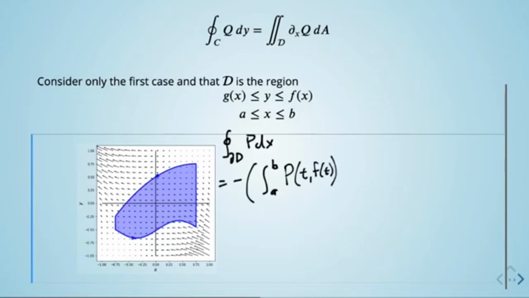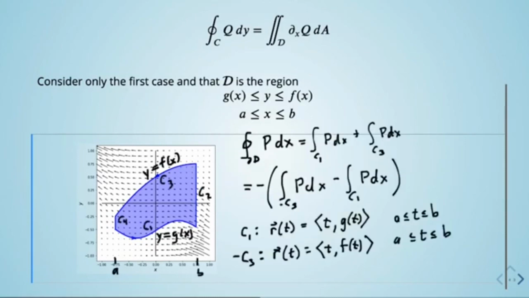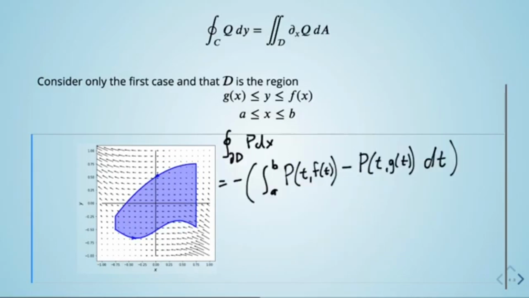There. And I'm going to bring in the other term, which was P of t, g of t. And since they're both being integrated from a to b, I set it up just right. I can pull this into one integral. Right? If we see back over here, I've got the difference between these integrals, but I parameterized them carefully so they have the same t-values, so I can pull them into one integral here.